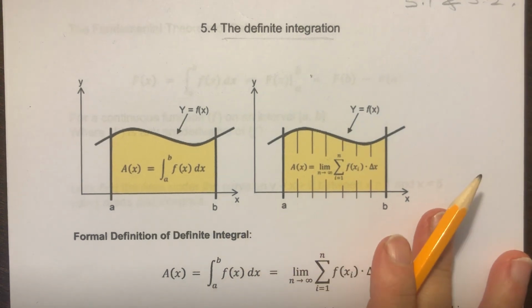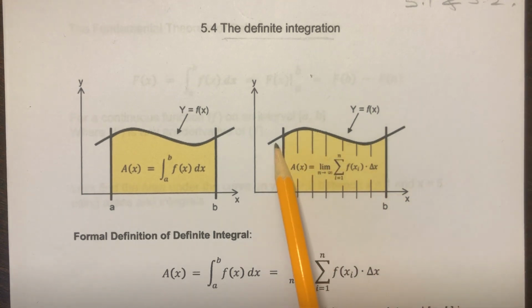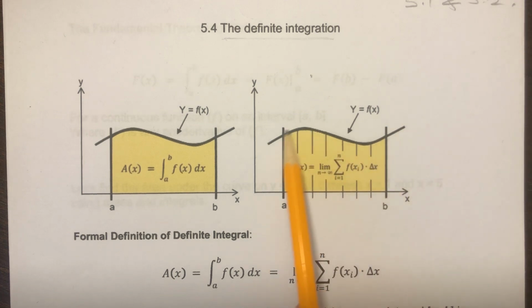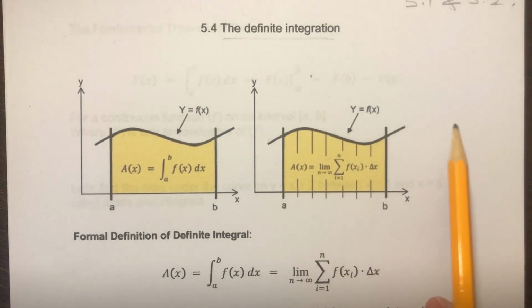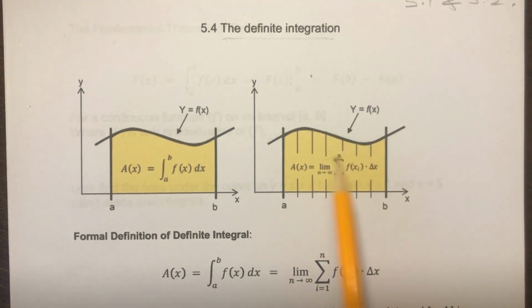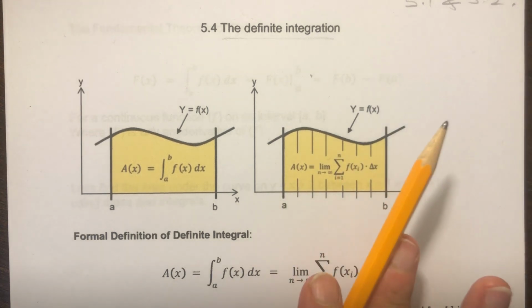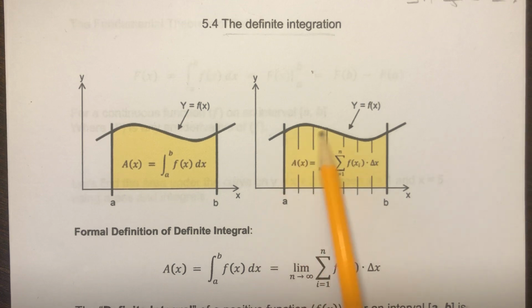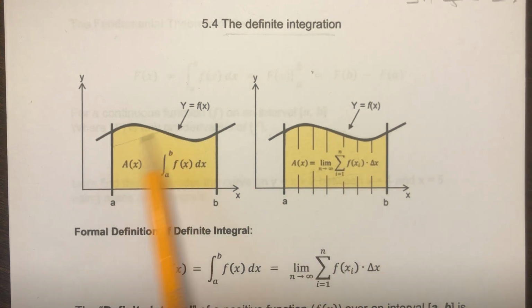So the story begins here with the area under a curve. We're starting with the function f of x, and let's keep it simple for now and say that f of x is a positive function, meaning it's above the x-axis. What we want to do is figure out the area under the curve. So how will I be able to find the area under this curve?